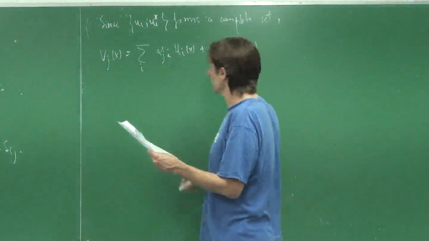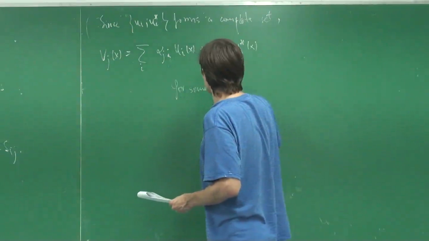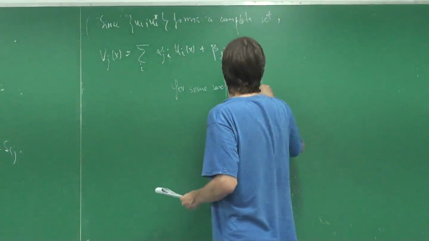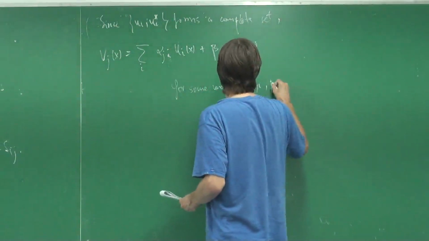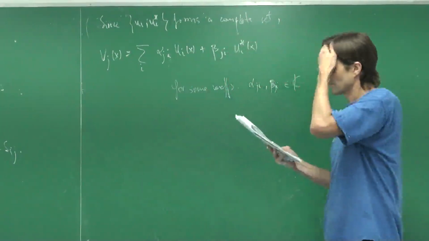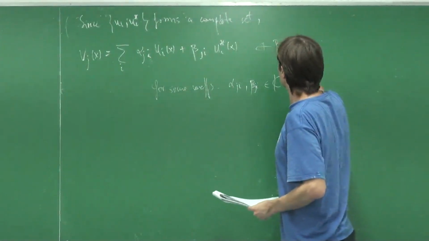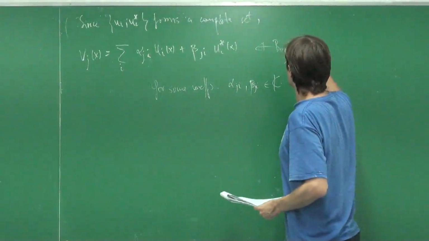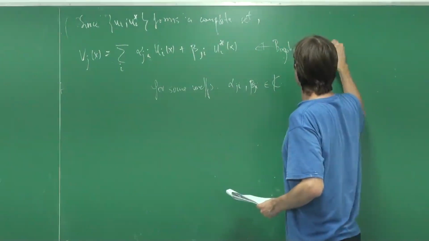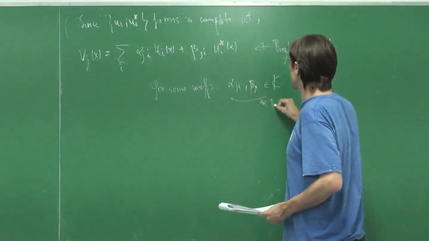And this is for some coefficients alpha and beta. This is called a Bogoliubov transformation, and these are called the Bogoliubov coefficients.